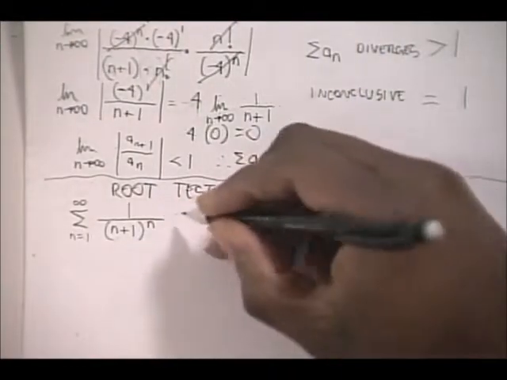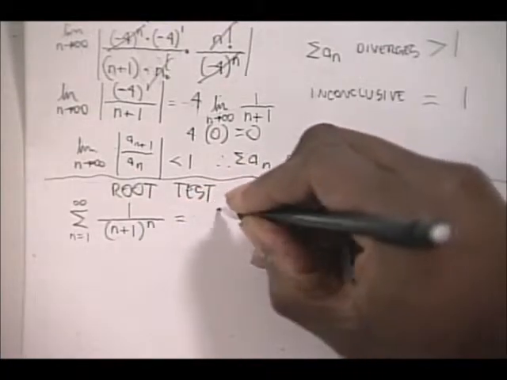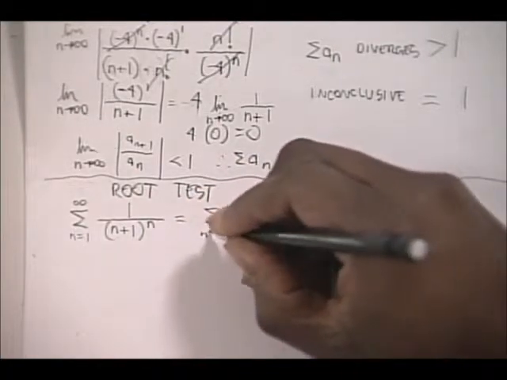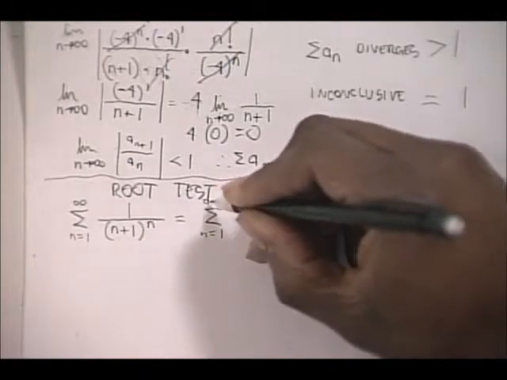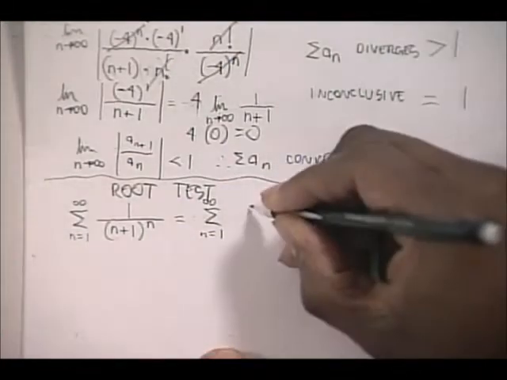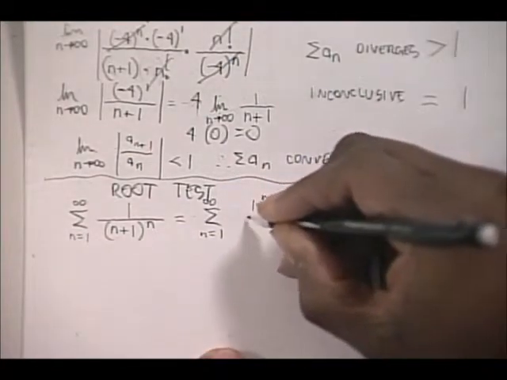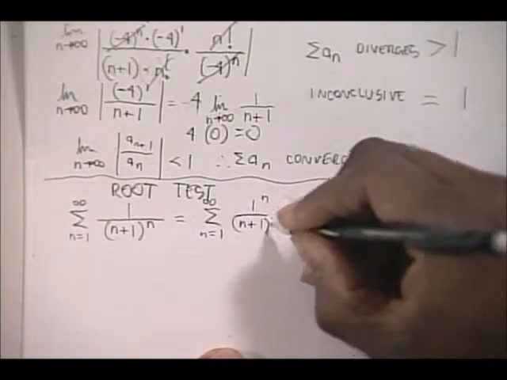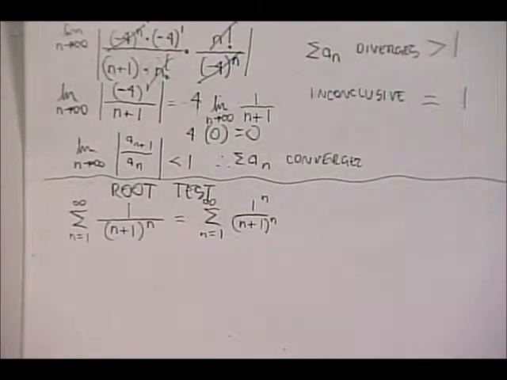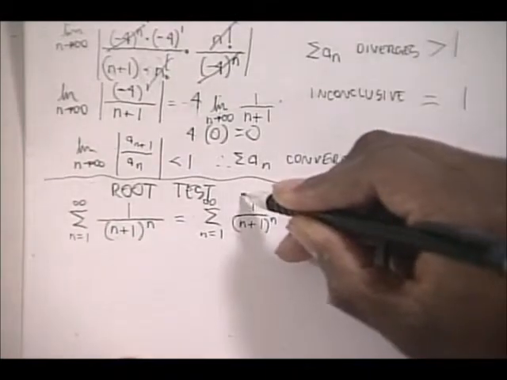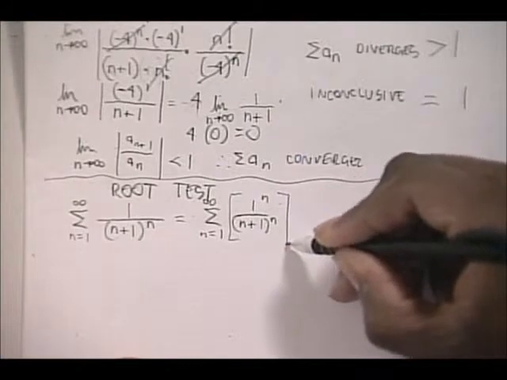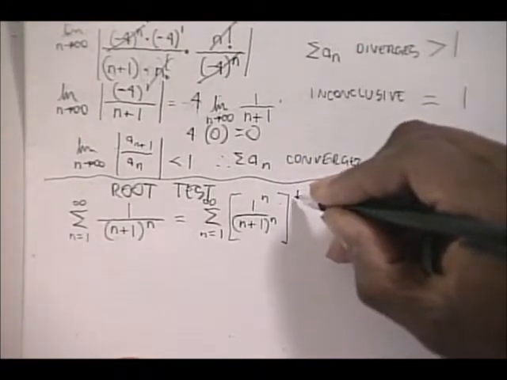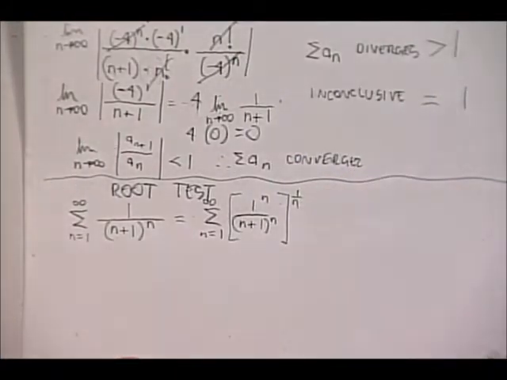First I'd rewrite this problem as the sum from n equals 1 to infinity of 1 to the n over (n plus 1) to the n. Taking the nth root is another way of saying raise it to the 1 over n power.